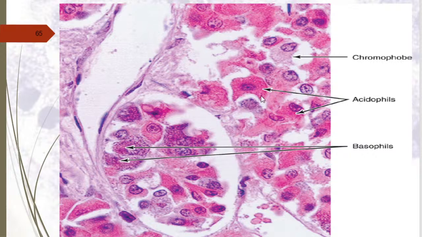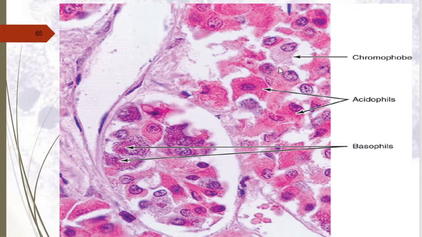These acidophilic cells are very well stained by eosin. Another cell is basophilic, and is named basophils. Then the cells which do not stain well are named chromophobes.